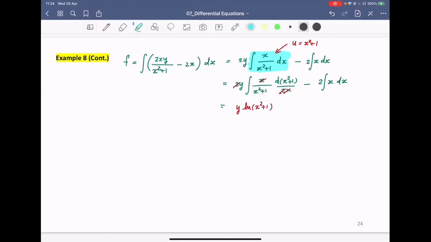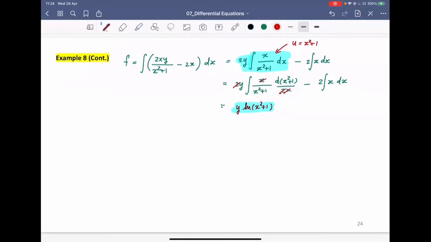For those of you who are weak in integration from Cal 1, the step that I highlighted in light blue here is done by Cal 1. Just do a u substitution, pick u to be x squared plus 1, and that is how I integrate it.